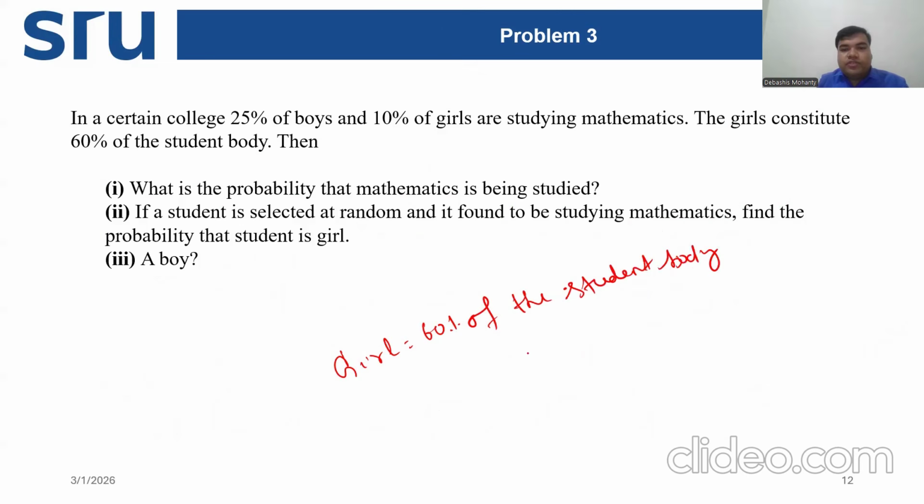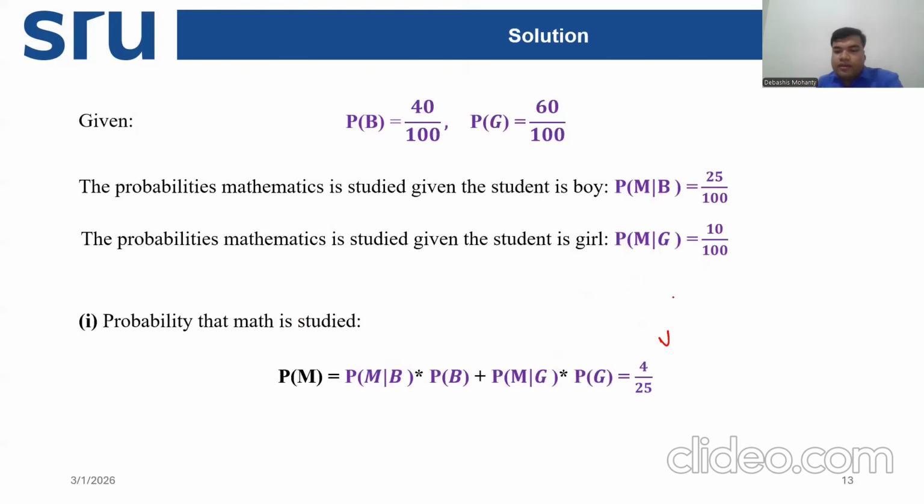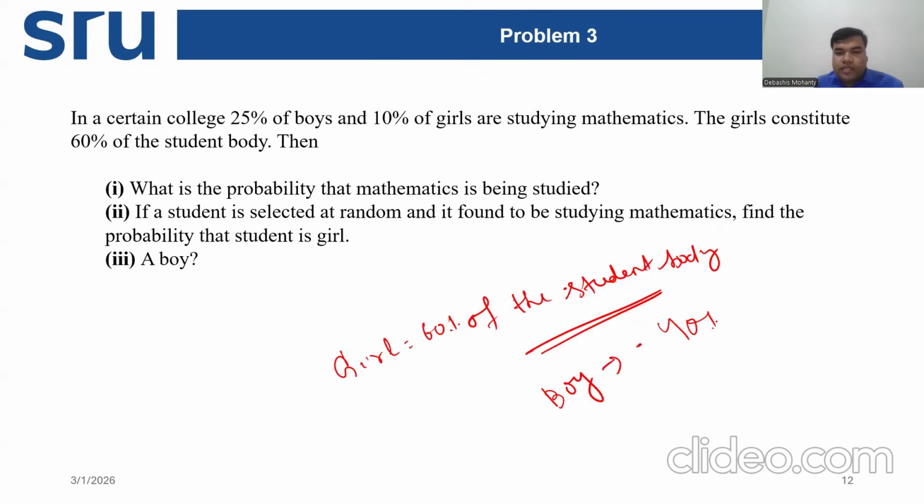So if girls constitute 60%, what will boys constitute? Out of a total of 100%, the probability of boys will be 40% of the student body, right?